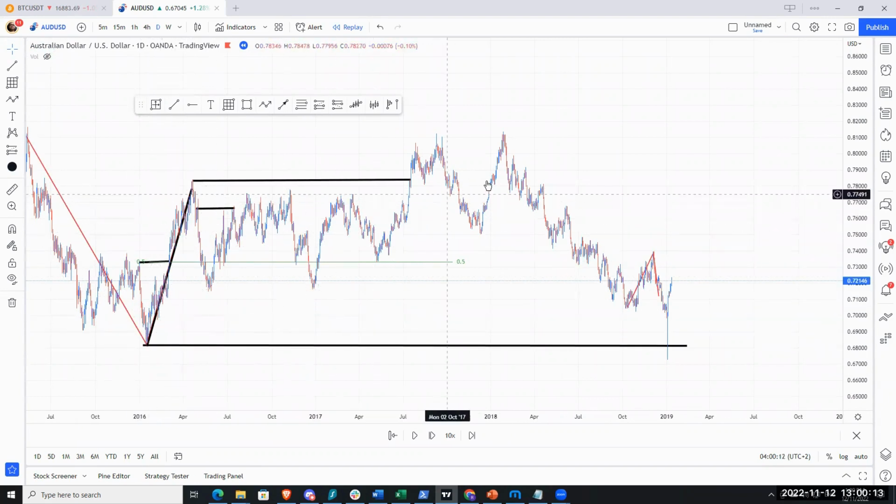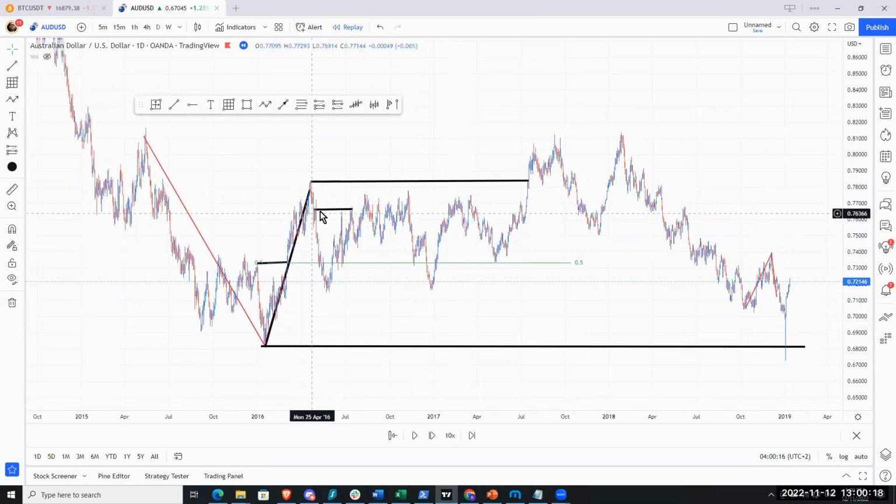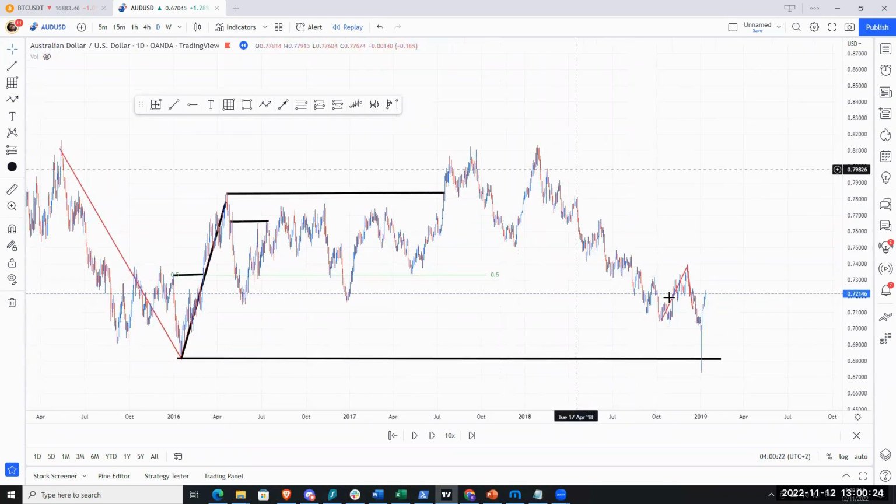After this entire exercise, which I would consider all internal, because here the structure was broken, that's why we consider it external. The market then came right to this zone, swept through the liquidity of this, and then tried to push higher.